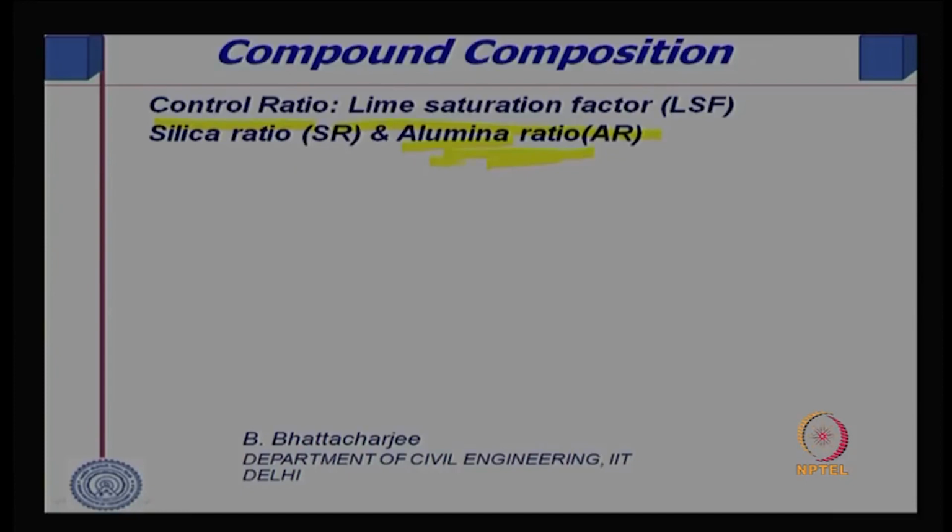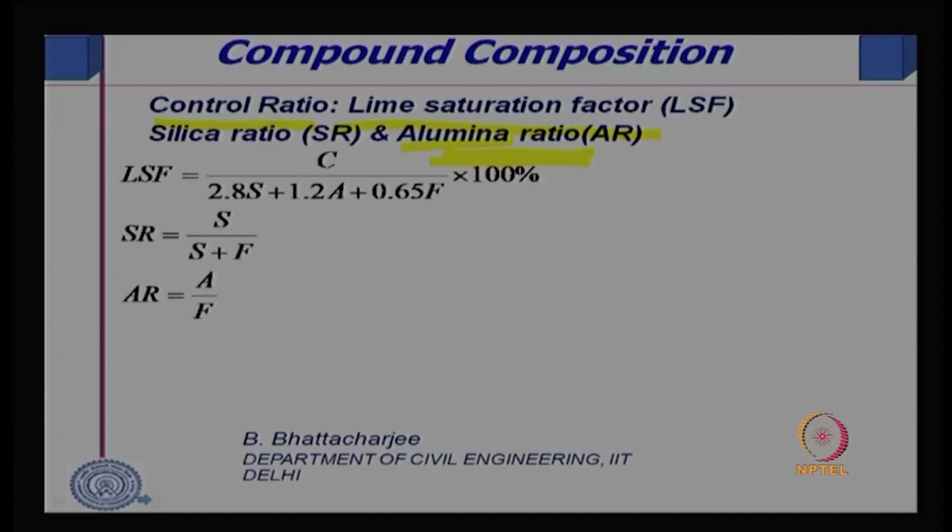Silica ratio and alumina ratio are the two others. So, we shall see how they control. Lime saturation factor is defined in this manner: calcium oxide divided by 2.8 SiO2, 1.2 A and 0.65 F, expressed usually as percentage.